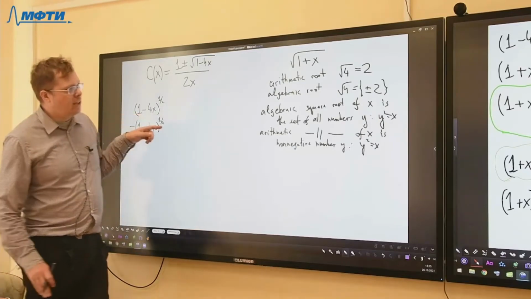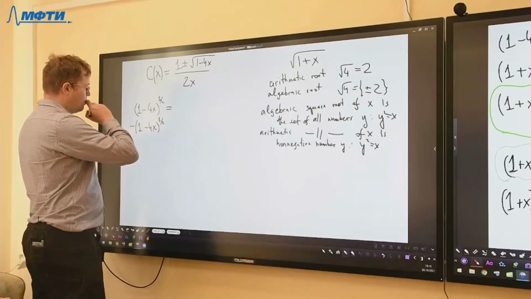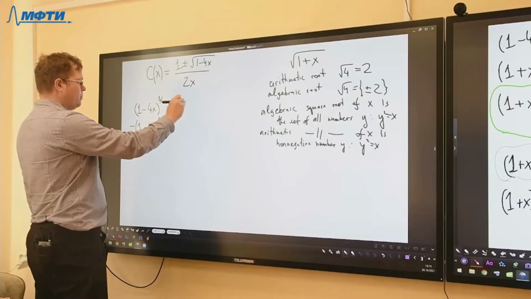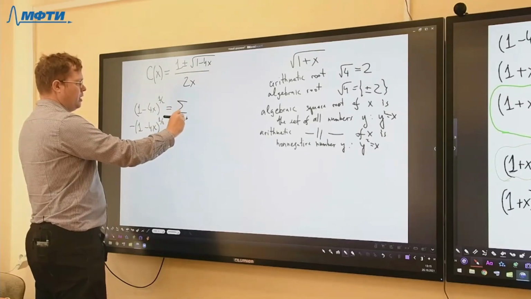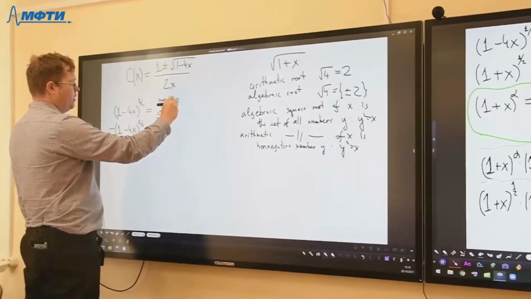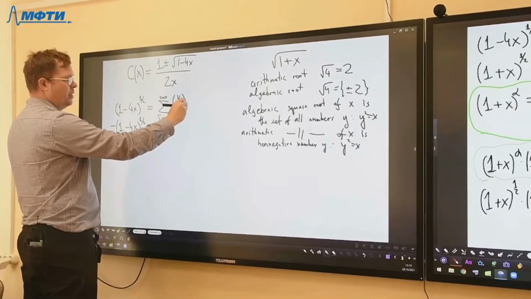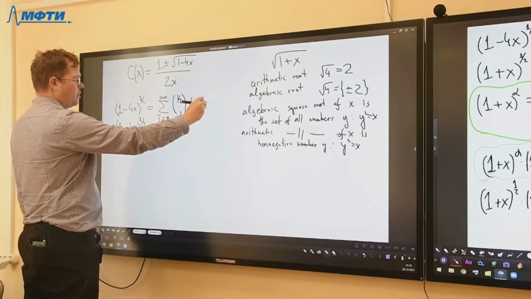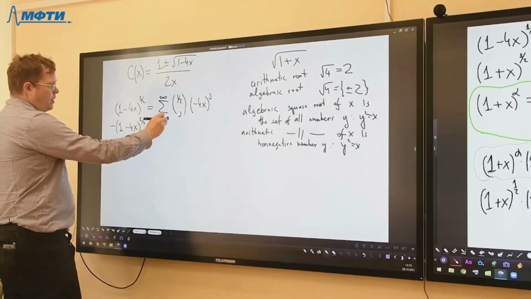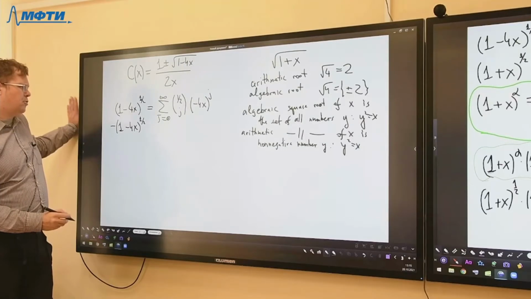To calculate, I need to use the formula on the board to the right: the sum from j equals 0 to infinity of binomial coefficients of 1 over 2 choose j times minus 4x to the power j. What is the first coefficient of this formal power series? The first coefficient should be 1.